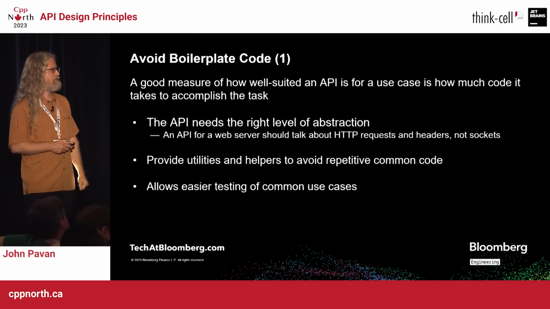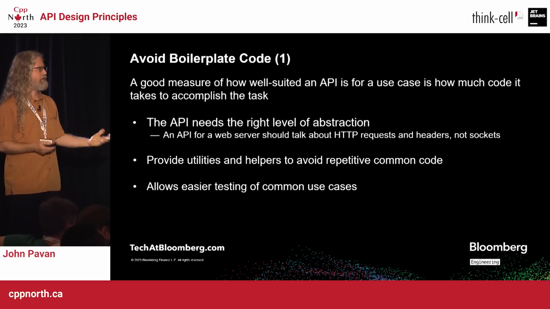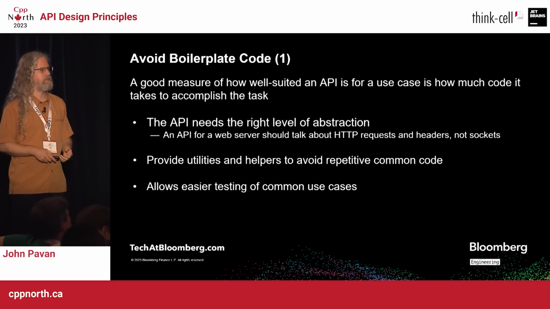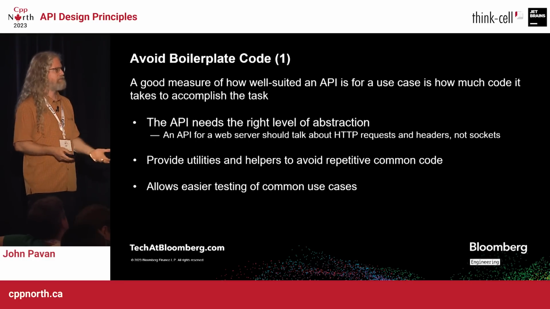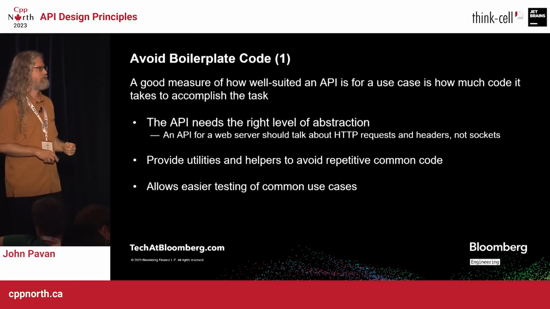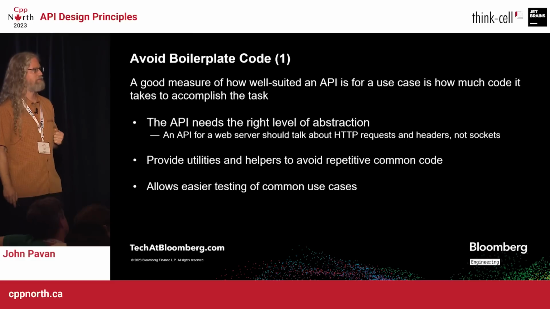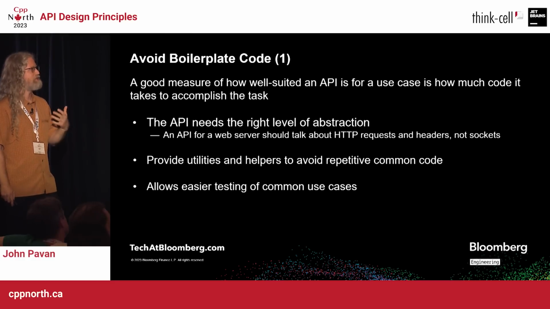One of the easy ways to do this is to work at the right level of abstraction. So again, if you have an API for a web server, you should be talking about HTTP requests and headers. You shouldn't be talking about sockets. Sockets are just the wrong layer of abstraction that should be hidden further down in the library. So it shouldn't be something that someone who is developing a web server should have to worry about.